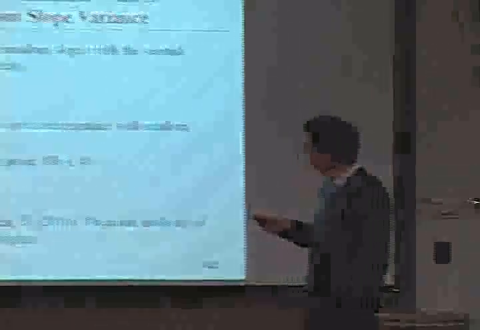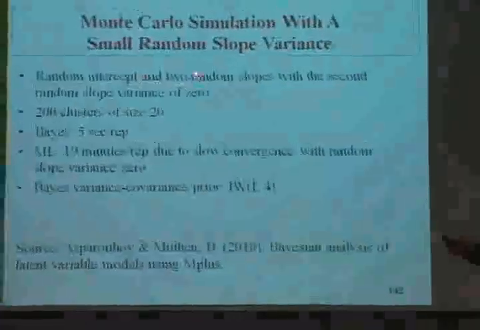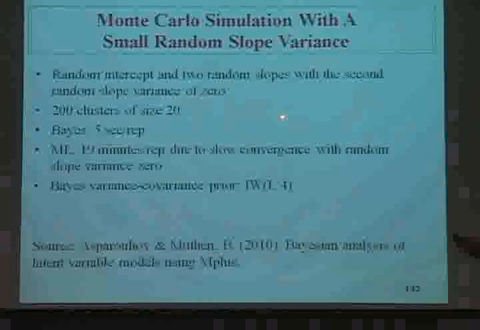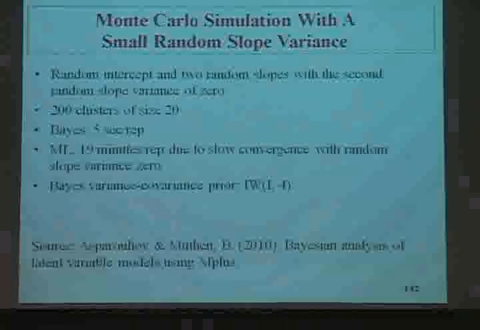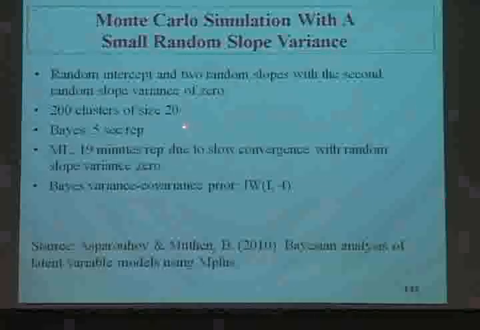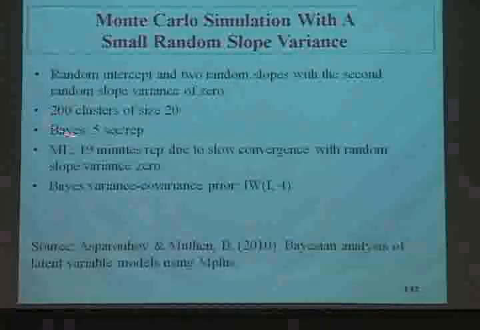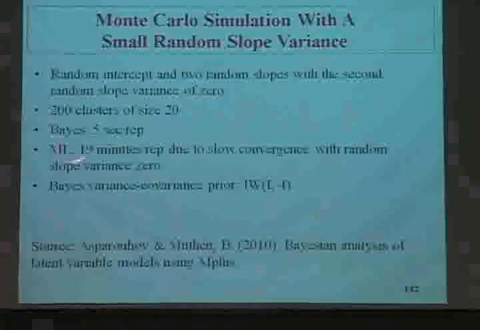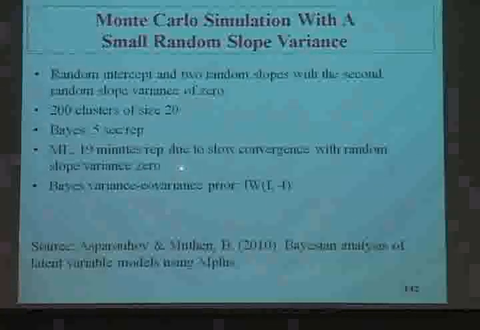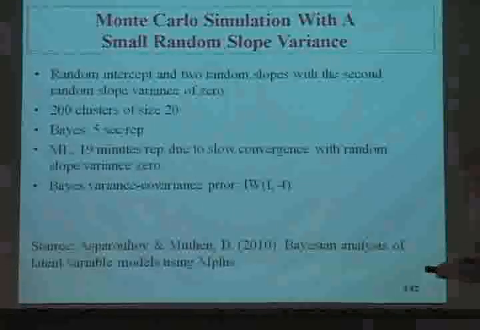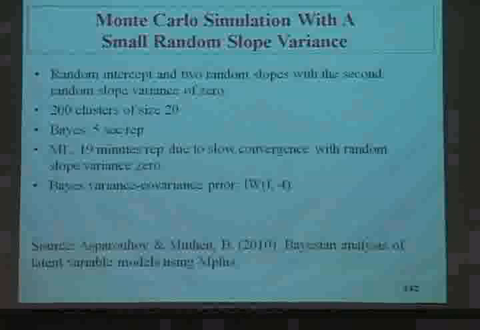We generate data with a random intercept, 2 random slopes, and one of the random slopes has a variance of 0, again with 200 clusters of size 20. Bayes is fairly quick. It takes 5 seconds per replication. On the other hand, ML takes 19 minutes to converge. It's part of the ML algorithm.